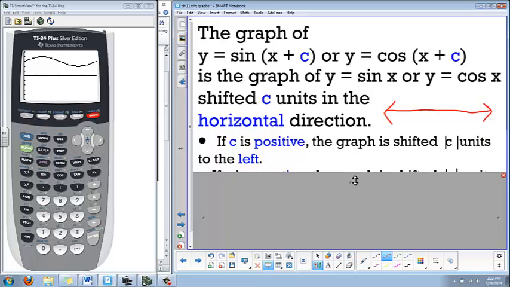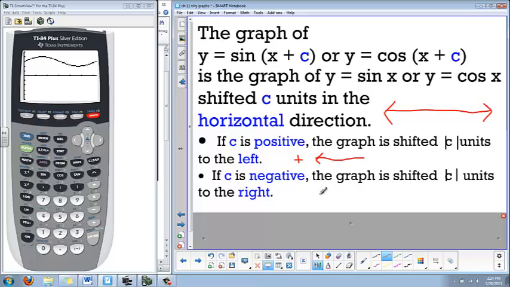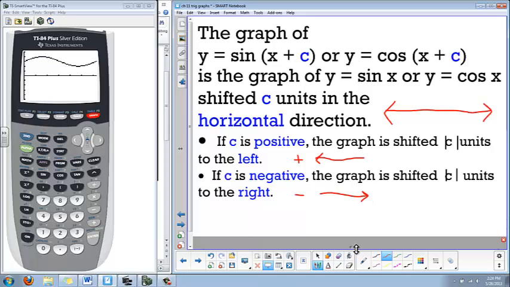If c is positive, the graph is shifted c units to the left. Okay, so a positive number, it's kind of counterintuitive of what we think it should be. You think that when you're adding a number you should be moving to the right, but in this case we're actually moving to the left. And the same thing goes, if c is negative, the graph is shifted however many units over to the right.